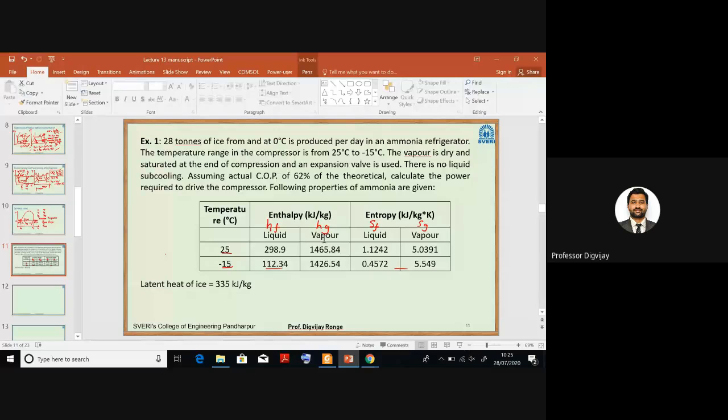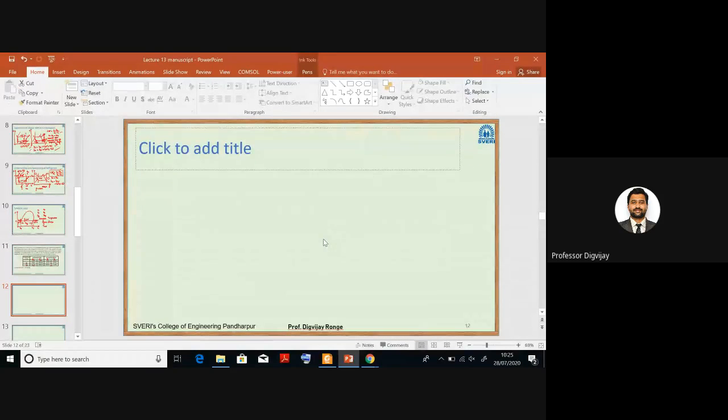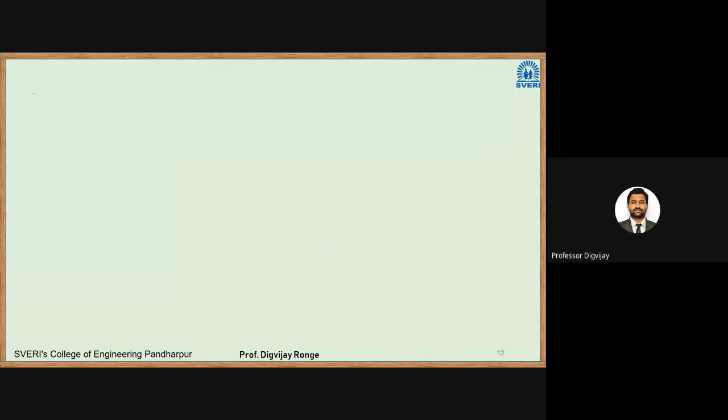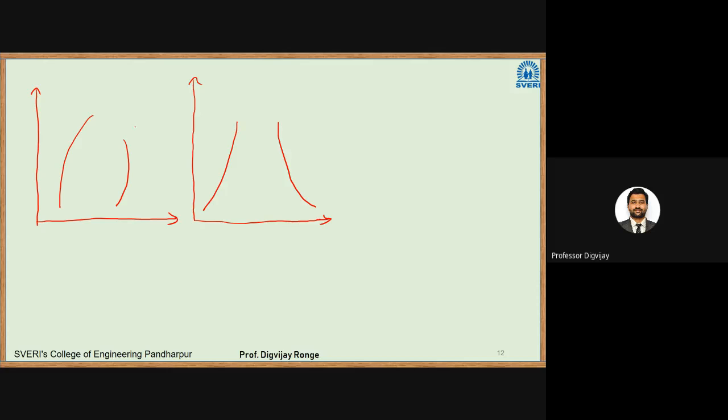Let us first draw the TS and the pH diagram. So this is a basic pH and TS diagram.